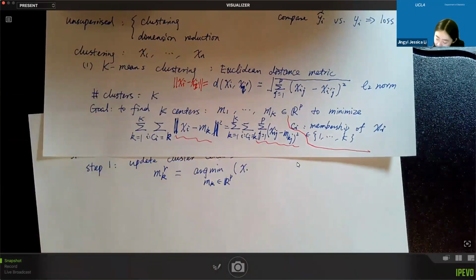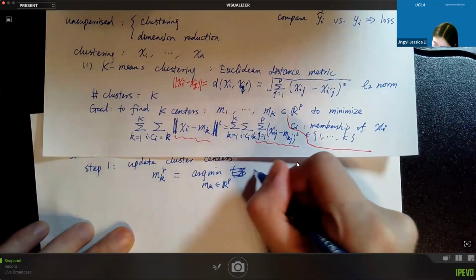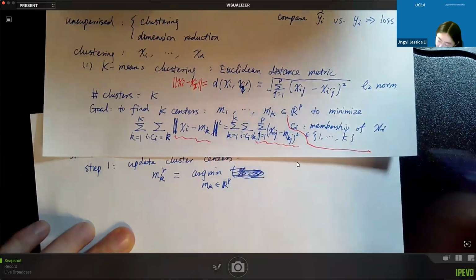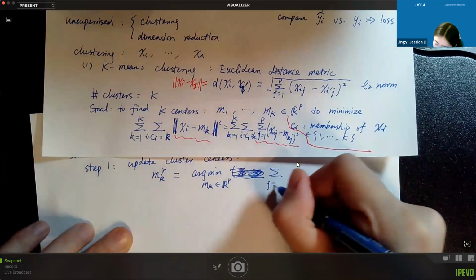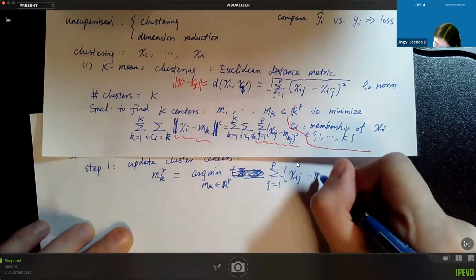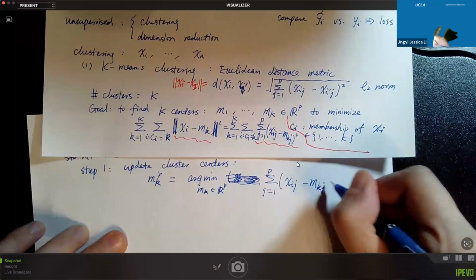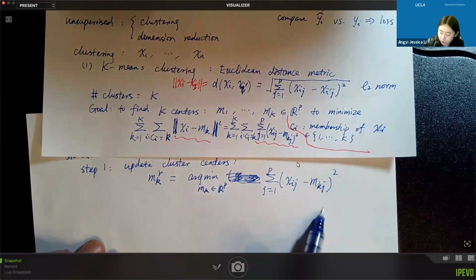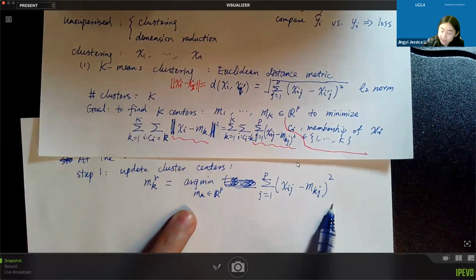Okay, so here we want to find the argmin over m_k of this summation, j from 1 to p, of (x_ij - m_kj) squared. We want to find the minimizer of this term. And you can see that this is a quadratic problem, right?